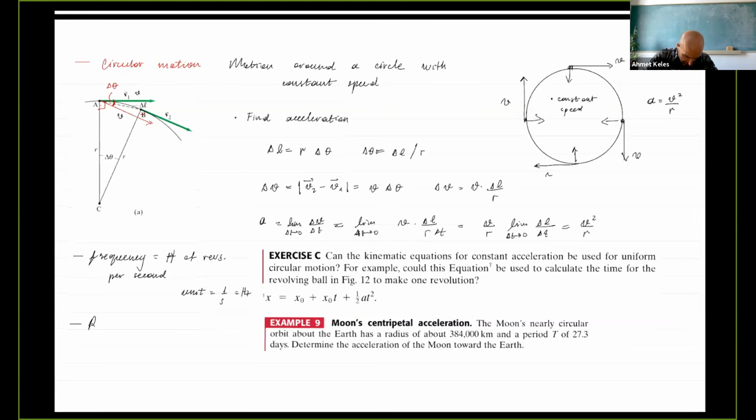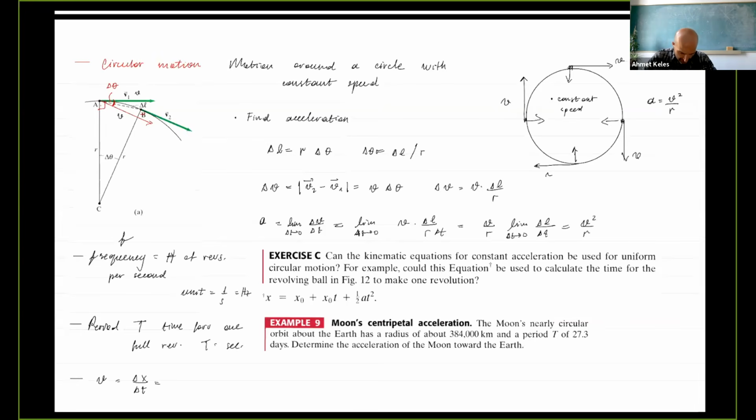And the period, you show it, frequency with f, period with T, is the time for one full revolution. And its unit is, of course, the unit of time, second. And velocity, or maybe speed, which is constant, is of course delta x over delta t.